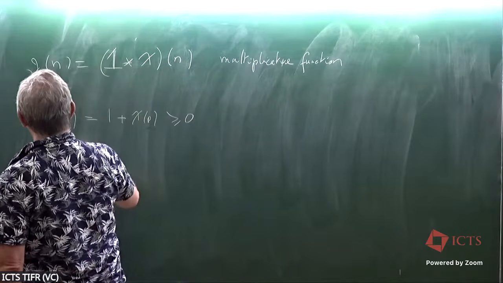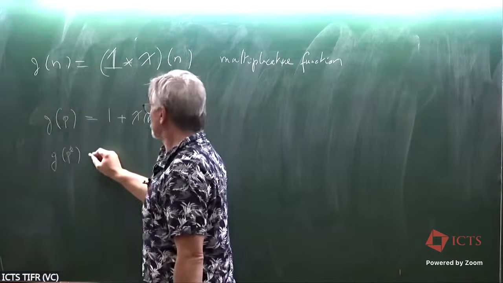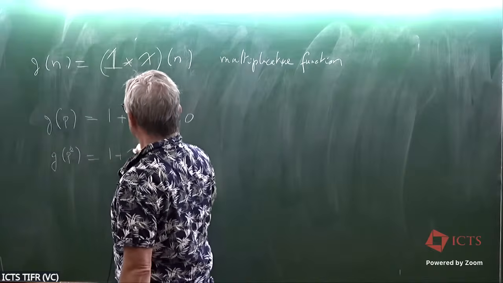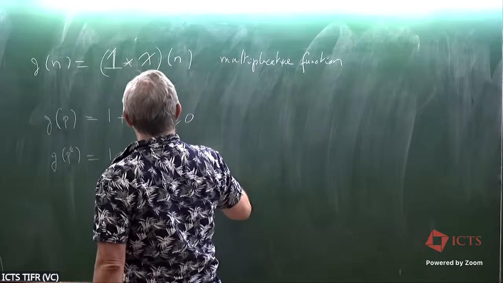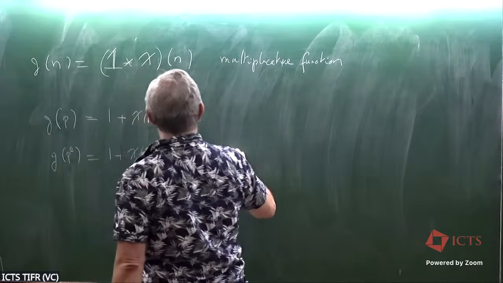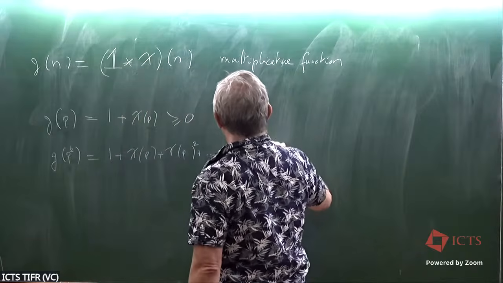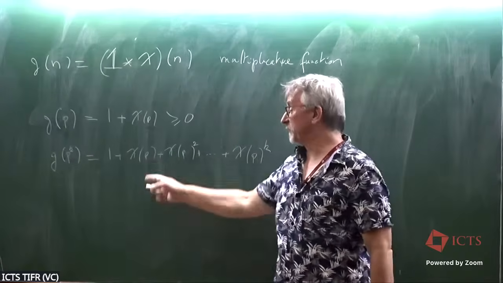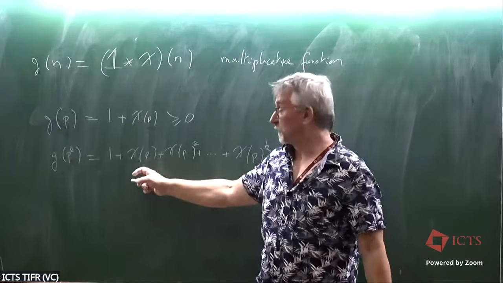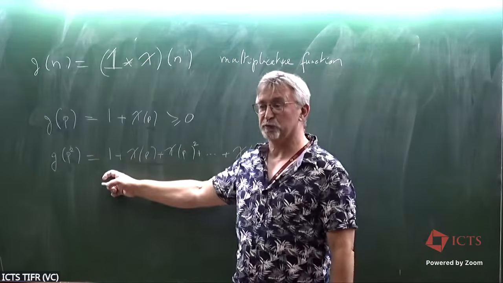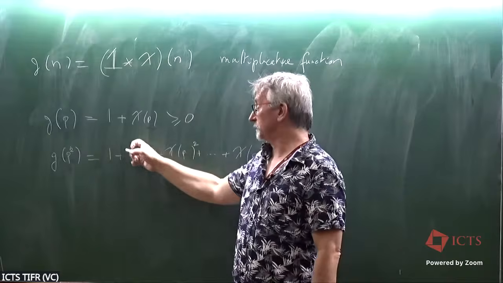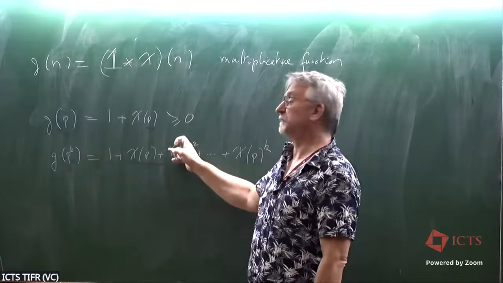G of p to the k, well, you see what it is: 1 plus chi of p, chi of p square, plus chi of p to the k. So if chi of p is 1 or 0, this one is non-negative. If chi of p is minus 1, it's 1, 0, 1, 0.